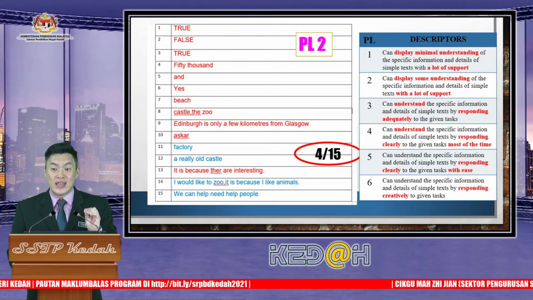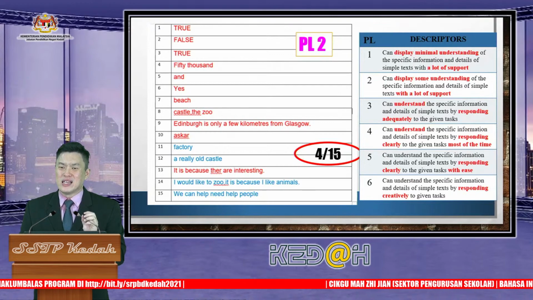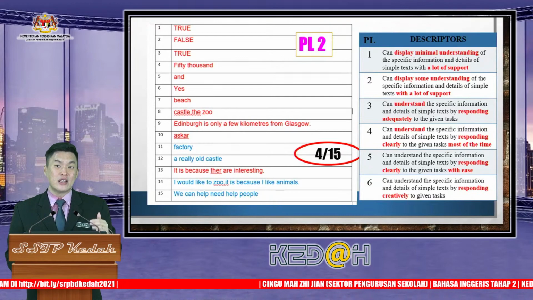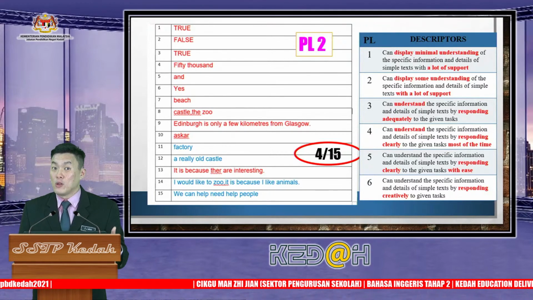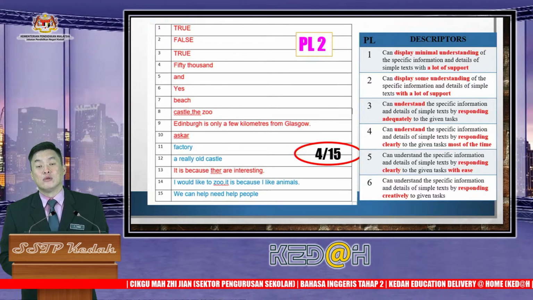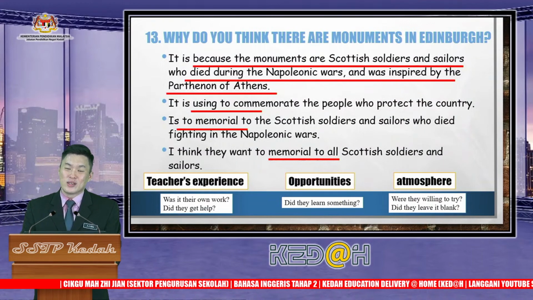So there is some understanding. It's just that for specific details and information, he wasn't able to do. Because I don't see him, I'm not quite sure what happened, so maybe I will do a follow-up with him. But looking at this, it's a PL2 for me.